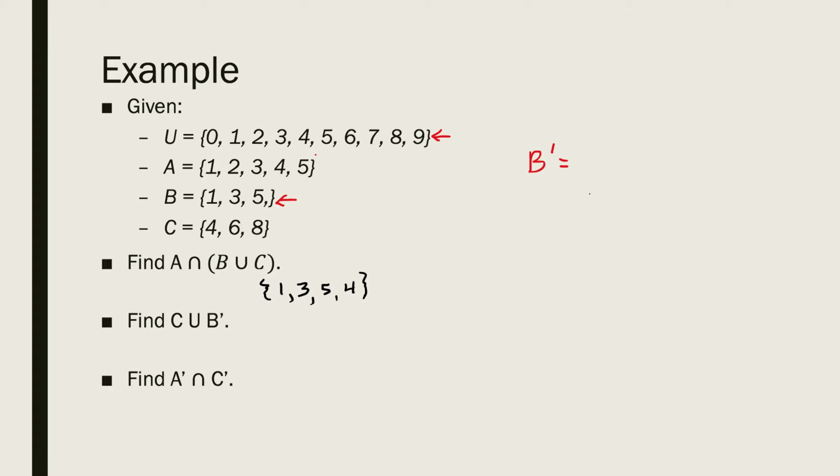And so any element in B will not be in the complement. So because we have a 1 in B, I'm going to cross it out up here. We have a 3 in B, I'm going to cross that one out. And we have a 5. So B complement will be everything that's left. So that will be 0, 2, 4, 6, 7, 8, and 9.